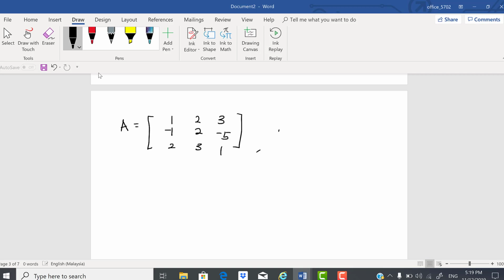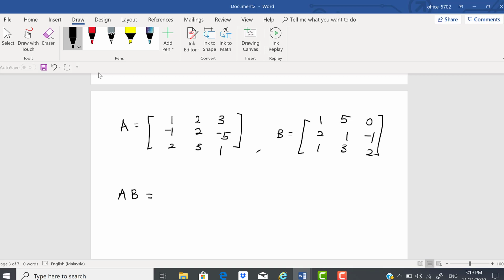And let's say our B is equal to 1, 5, 0, 2, 1, negative 1, 1, 3, and 2. Now, the question asks you to find A times B, or A multiply B.